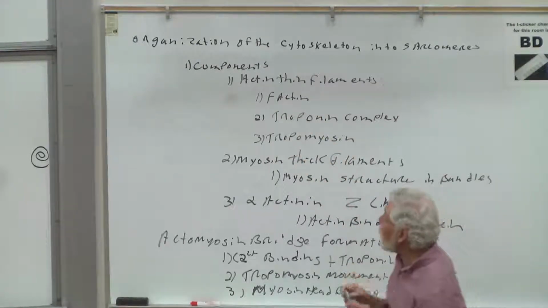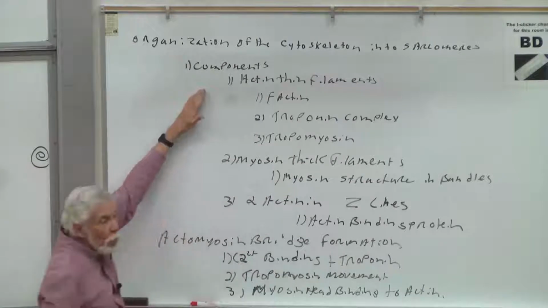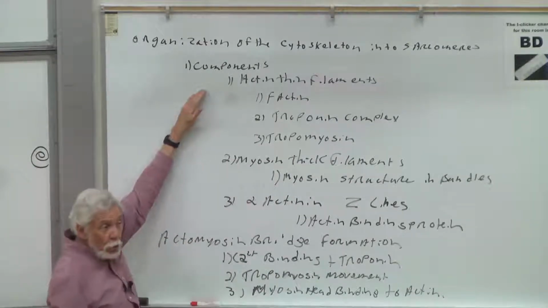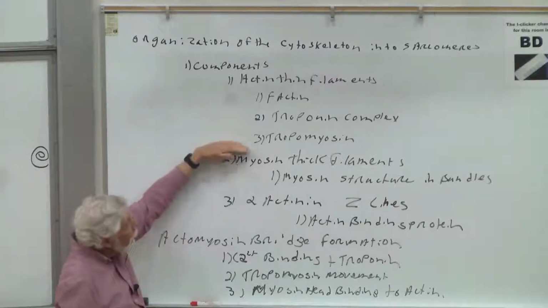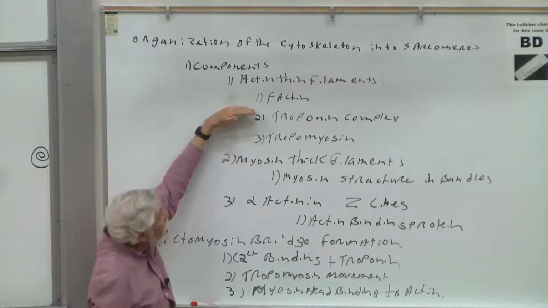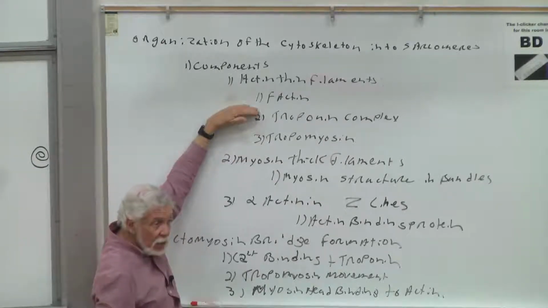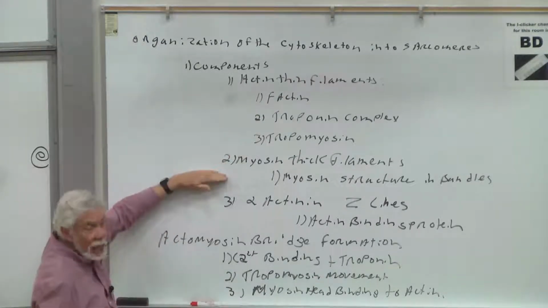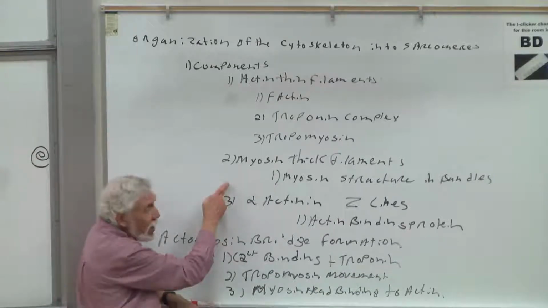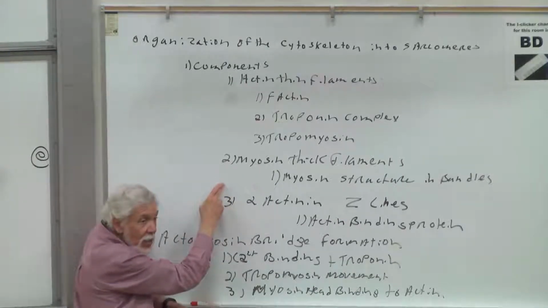The long and the short of this is that calcium is going to be released from the internal storage compartment. The calcium will bind to the troponin complex, move the tropomyosin, and expose the actin. It's going to expose binding sites in the actin, which can be attached to by the myosin thick filaments.